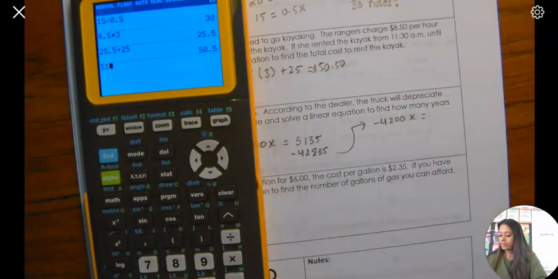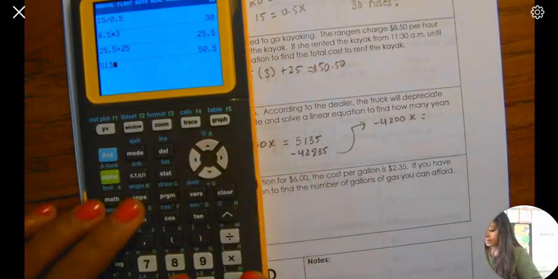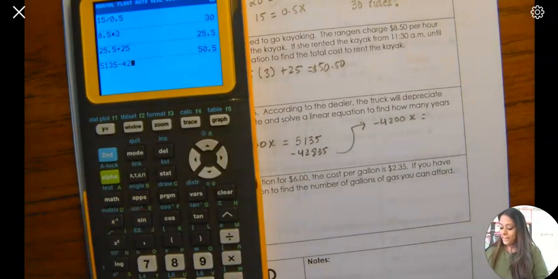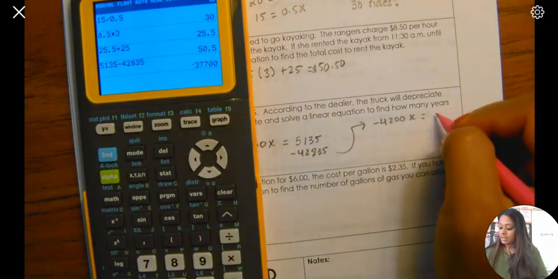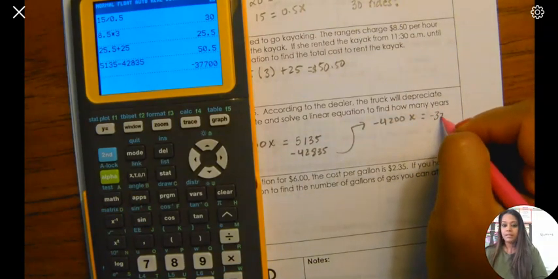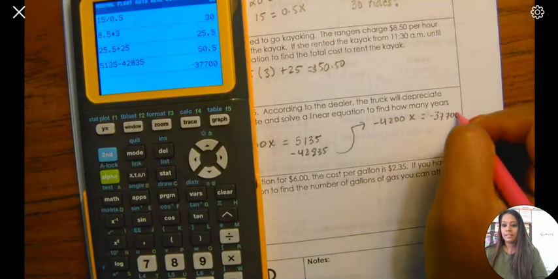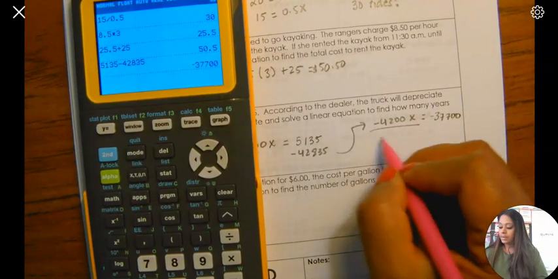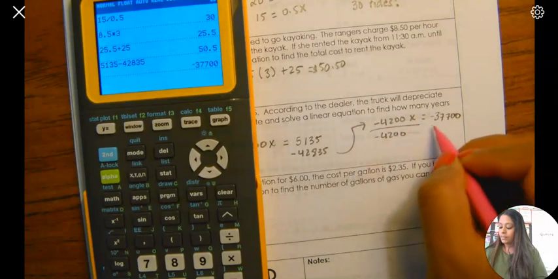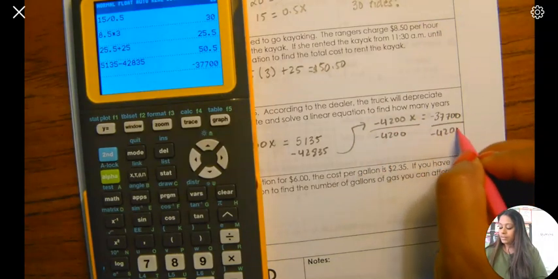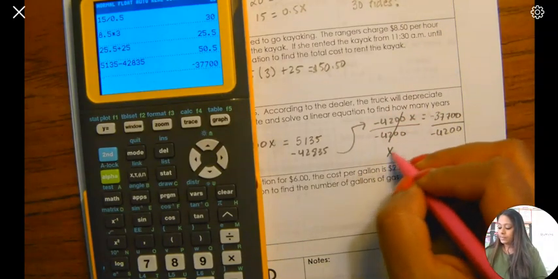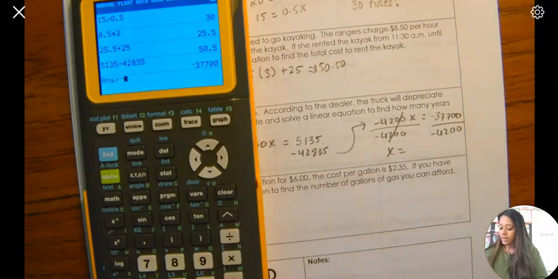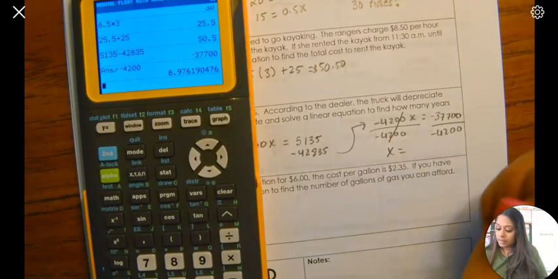Equals, so that's negative 37,700, and then divide both sides by negative 4,200.